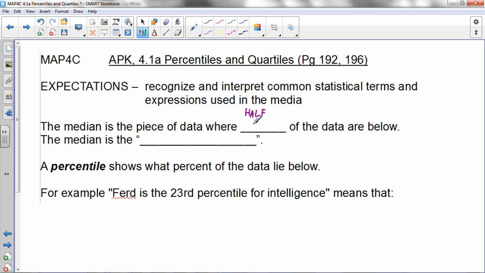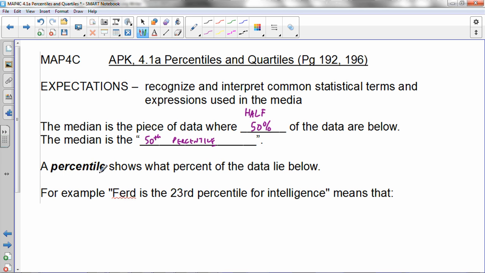What percent of the data are below 50%? So the median is what we call the 50th percentile, because it's the piece of data where 50% of the data lie below.